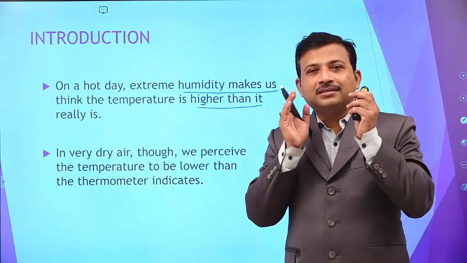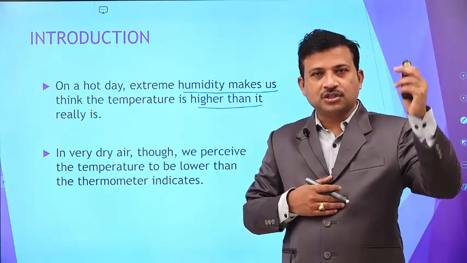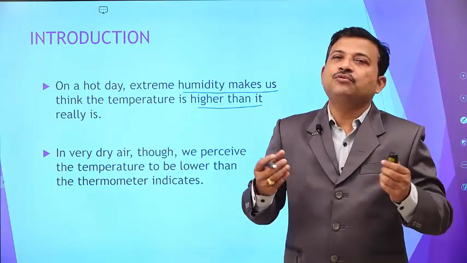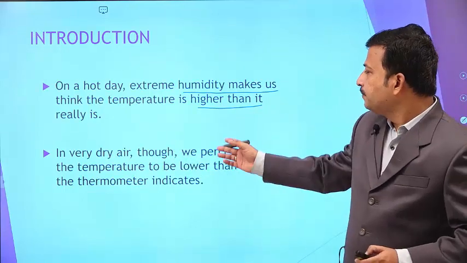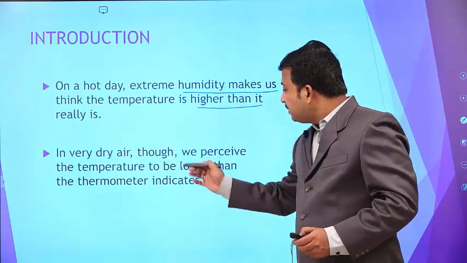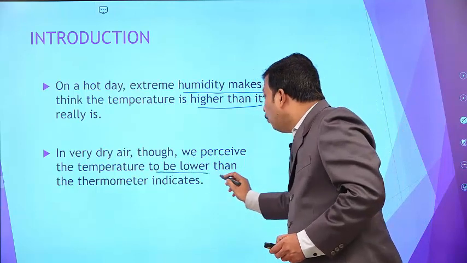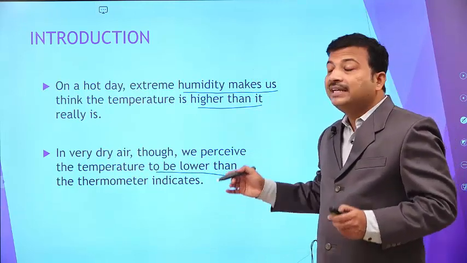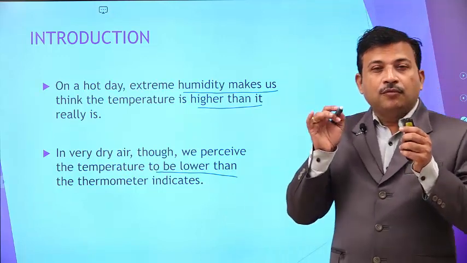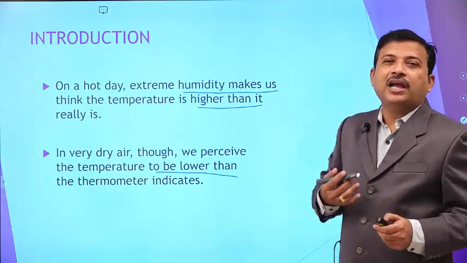Even if the temperature given by the sun is a little less, because of humidity we feel more heat. Is it clear? In very dry air, we perceive the temperature to be lower than the thermometer indicates, but due to humidity, we feel a very high temperature.